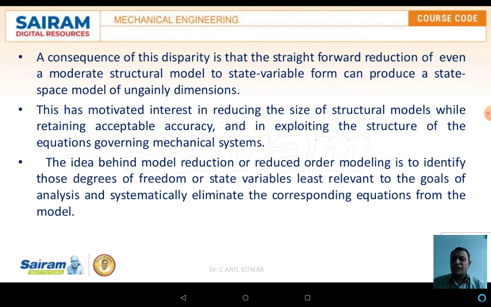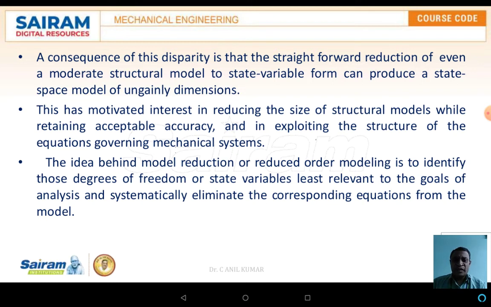The consequence of this disparity is that the straightforward reduction of even a moderate structural model to state variables produces a state space model of ungainly dimension. This has motivated interest in reducing the size of structural models while retaining acceptable accuracy.